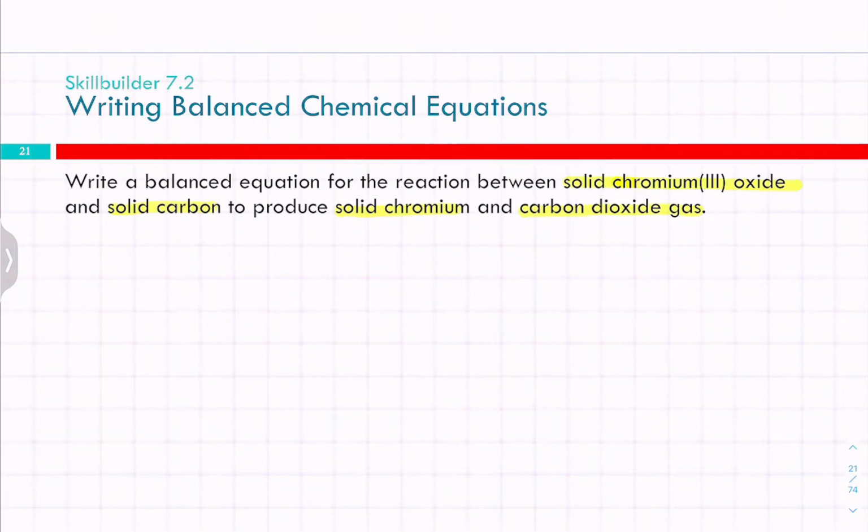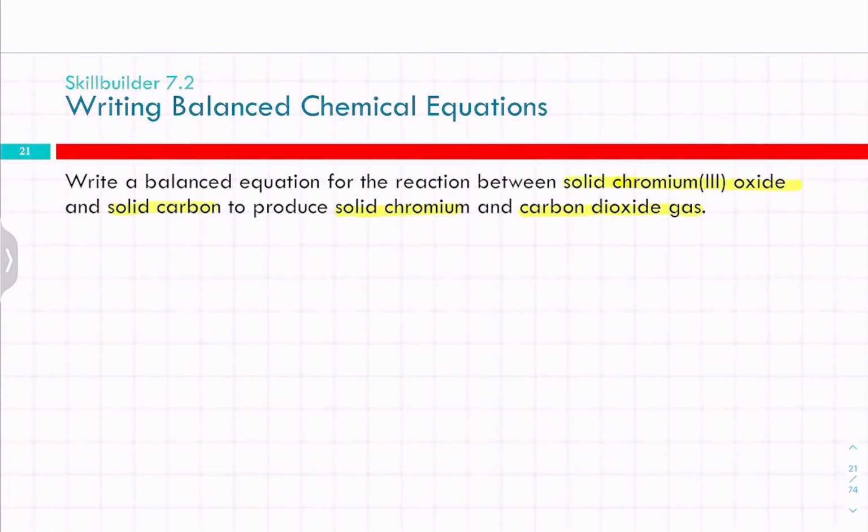This sentence is actually telling us where to put all of these compounds. Chromium oxide and carbon are going to be reactants, because it says reaction between chromium oxide and solid carbon. Those are reactants to produce solid chromium and carbon dioxide gas. Those will be the products.